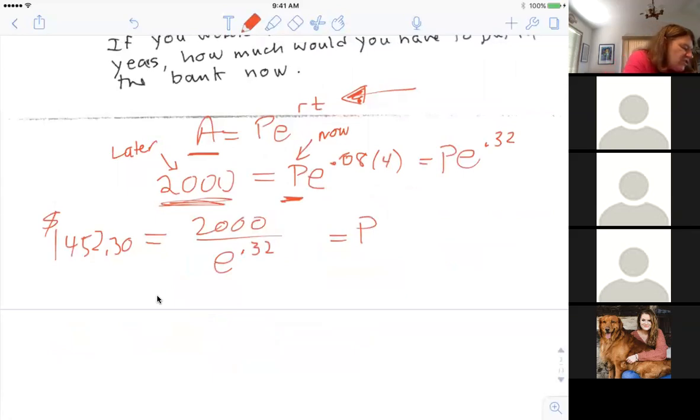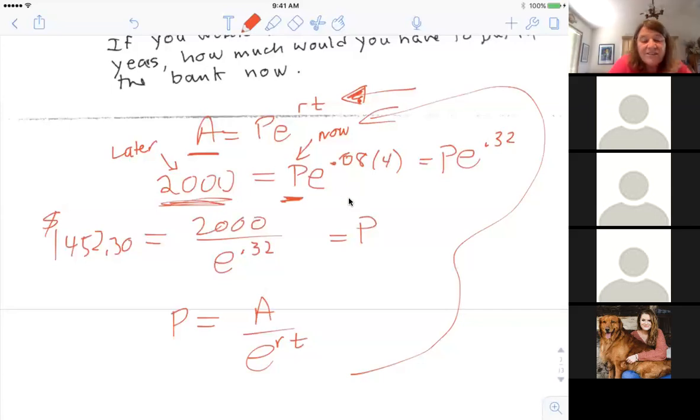If I divide both sides by e to the RT, P would be equal to A over e to the RT. This way you only have to remember one formula, but if you just isolate P, that's what you're getting. And that's what I did. I took the 2,000 over e to the rate times the time. Is everybody okay with that stuff?